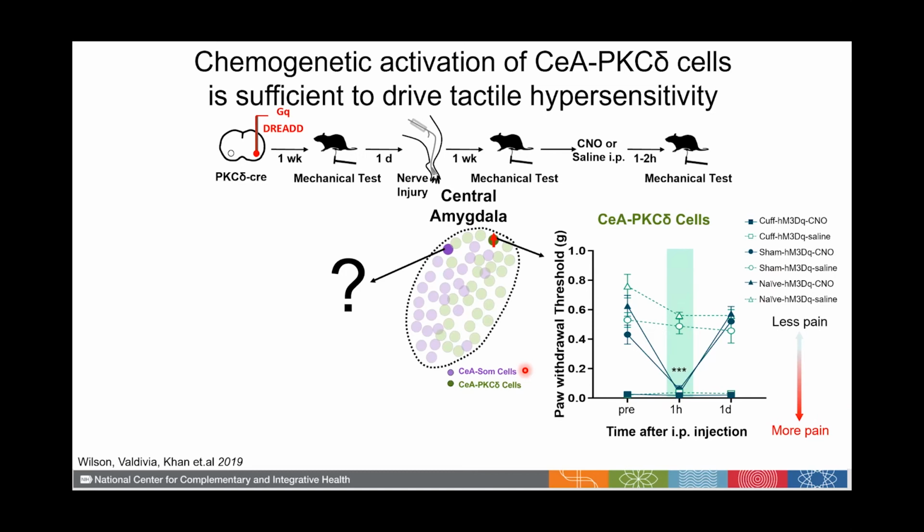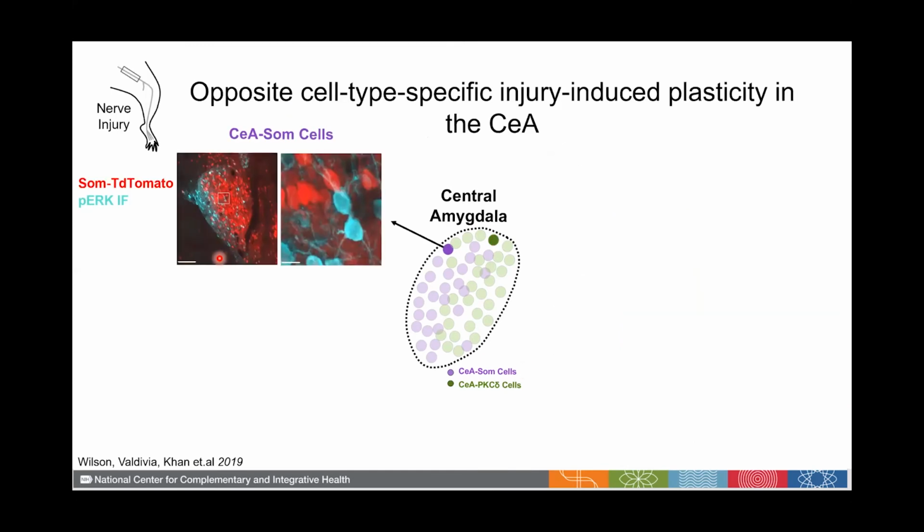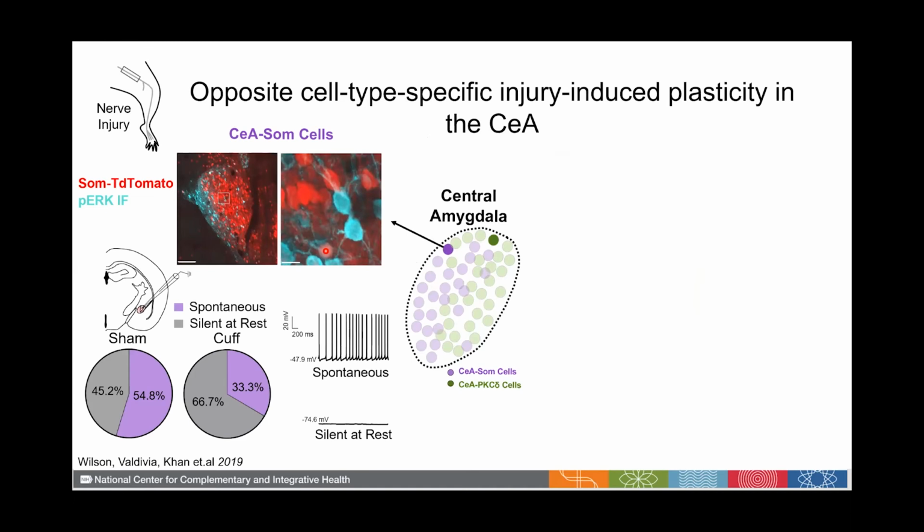They have been shown by many different groups to be really important for amygdala-dependent behaviors, and our histology showed no colocalization with the pain plasticity marker. So we turned to electrophysiology, and when we look at the activity of these neurons in acute slices, what we see is, first of all, that just like we saw in the naive animals, a lot of the somatostatin neurons in control conditions are spontaneously active.